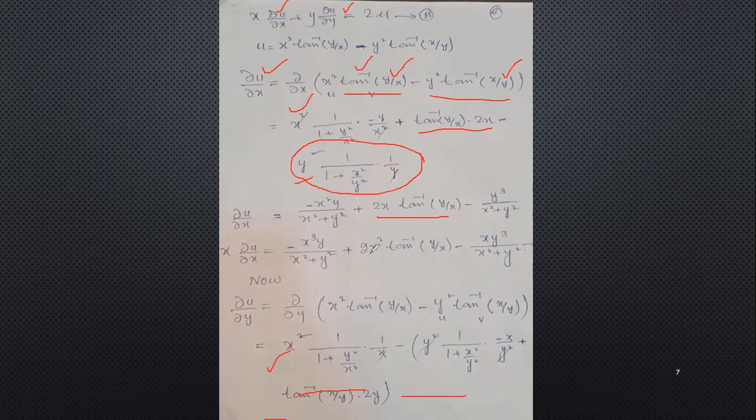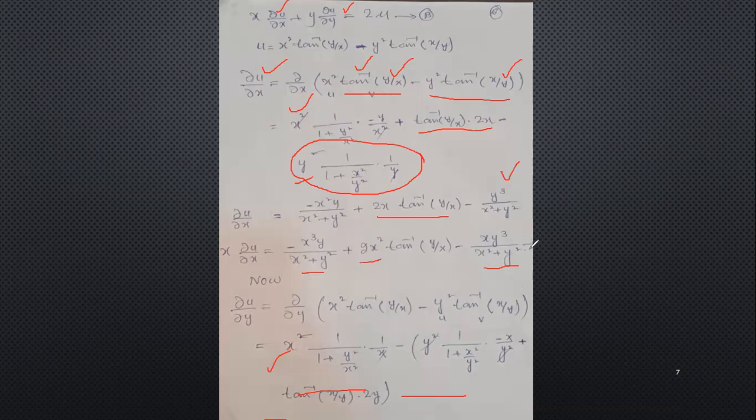Now x multiplied with both, so x multiplied with the first term we get x cube into y, and denominator same, x multiplied with this 2x square tan inverse y upon x, minus x multiplied with this x into y cube divided by x square plus y square same.